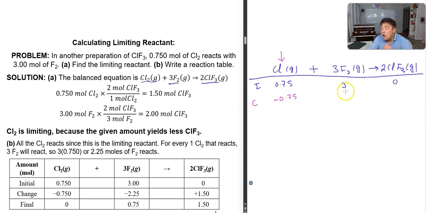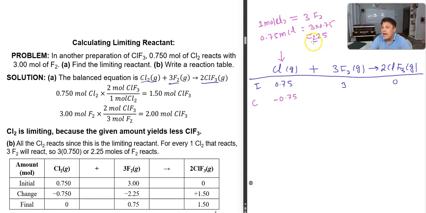That is the change. How much fluorine gets used? It's the same thing, right? 1 mole of the chlorine is equivalent to 3 mole of the fluorine, right? So for 0.75 mole of chlorine, it is 3 times 0.75, that is equal to 2.25, right?